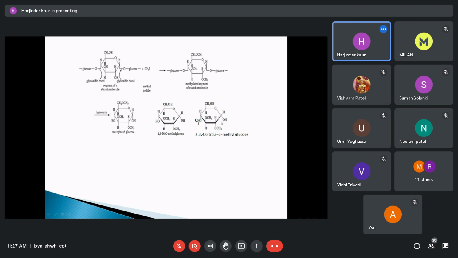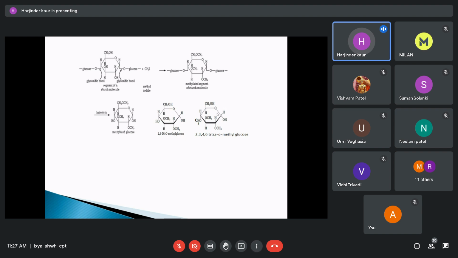So in one of the units, only one carbon is used up in linkage and the others are free. That will generally be at the end of the chain.